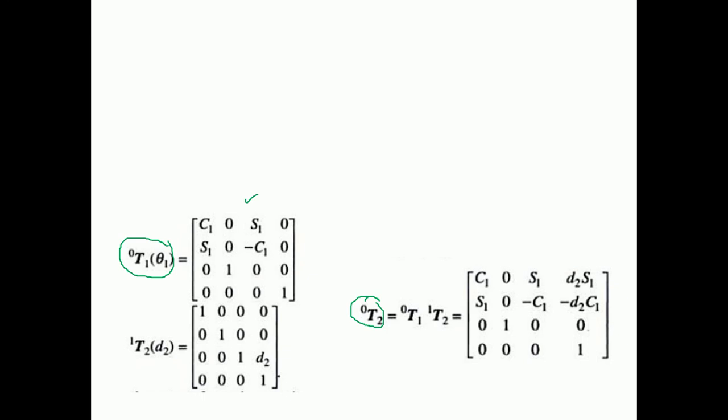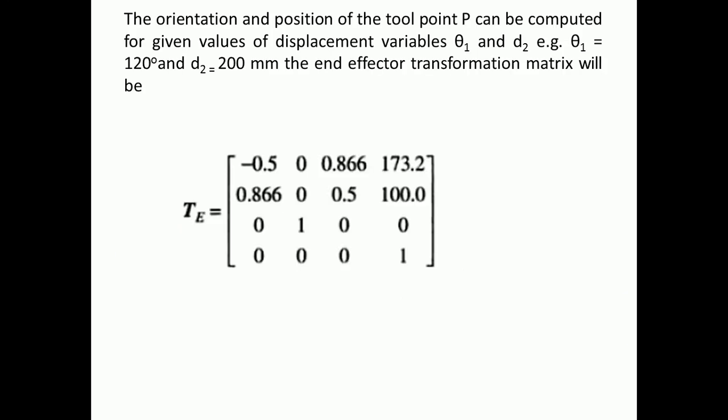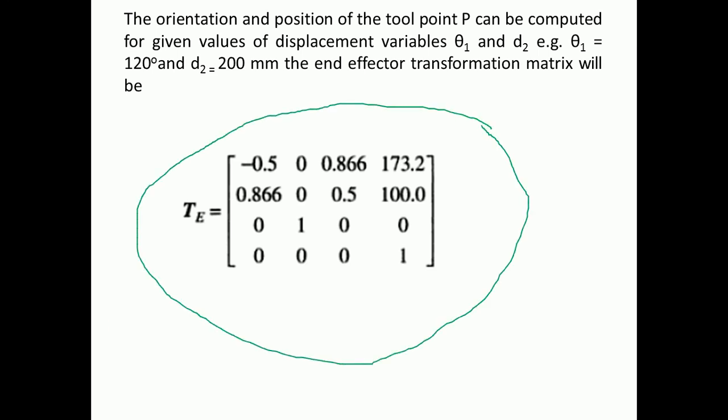This is the final homogeneous transformation matrix which we got. The values given are theta 1 is 120 degrees and the joint offset value d2 is 200 millimeter. After putting these in the equations, this is the final equation which we got with respect to tool position.